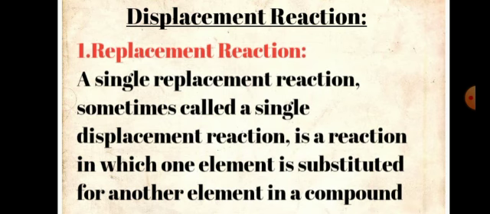That is, a highly reactive metal displaces a less reactive metal in its compound or in its aqueous solution. So this is the definition for replacement reaction. Fine, and I hope that you understood this replacement reaction.